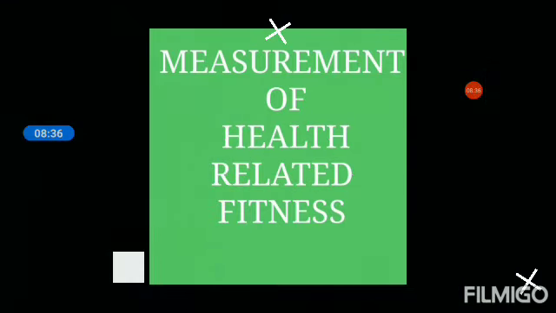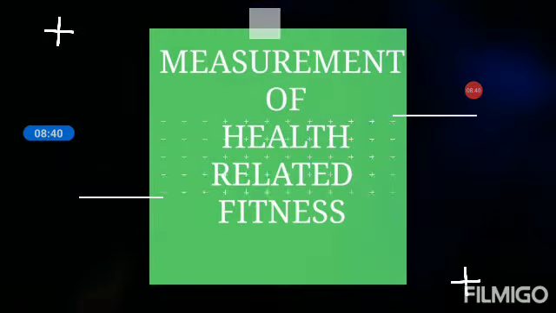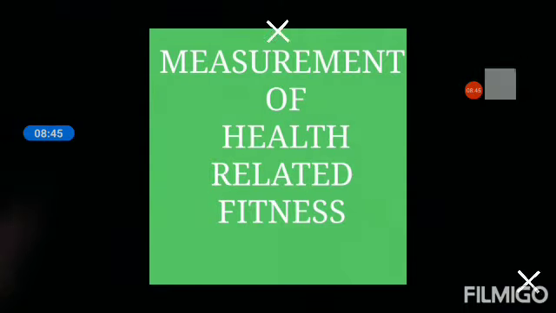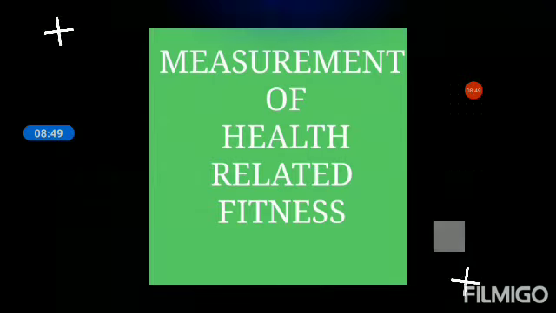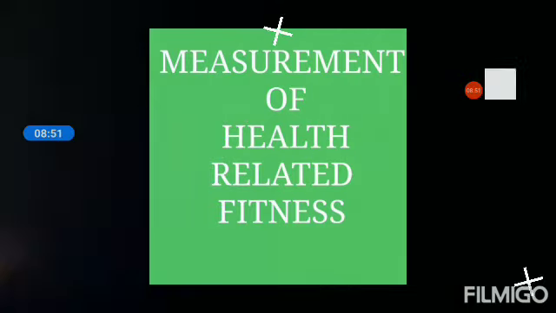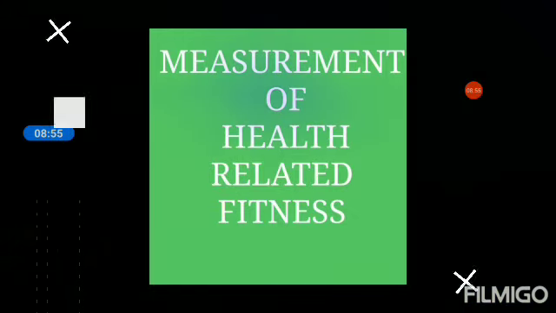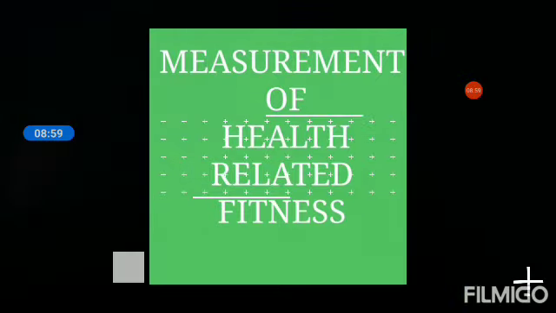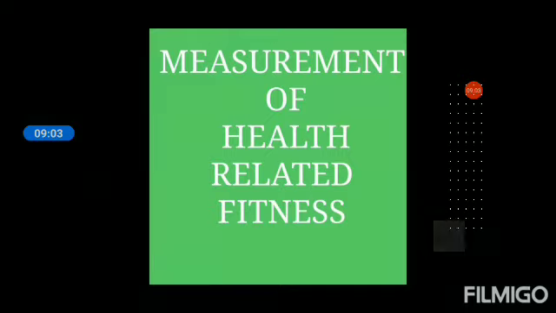Various methods for measuring body composition include underwater weighing, skin fold measurements and anthropometric measurements. It means that for health related fitness, an individual should have ideal body weight and fat percentage.